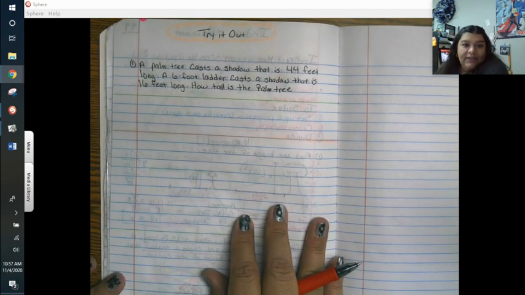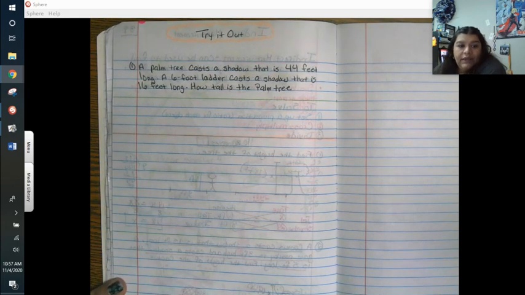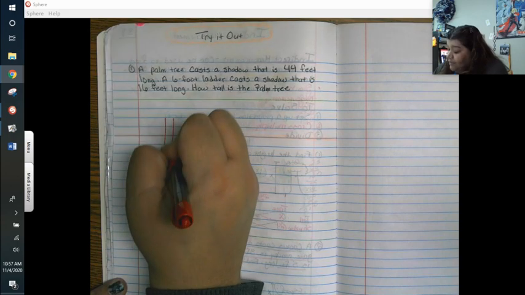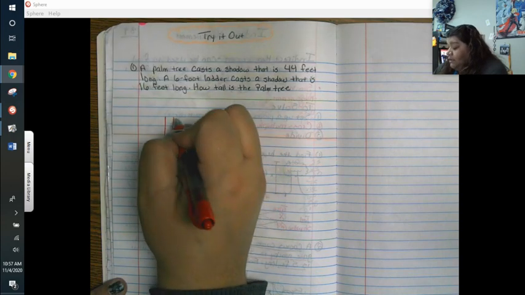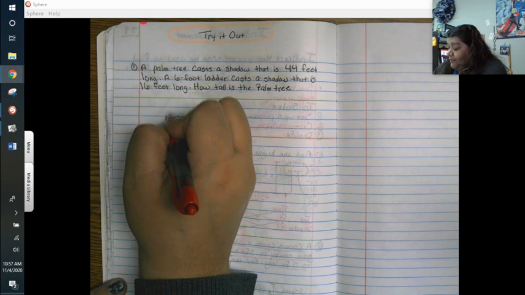All right, let's see if you got the right answer. A palm tree casts a shadow that is 44 feet long. So I'm a picture person, so I don't know how to draw a palm tree. They're the ones that look like that, right?